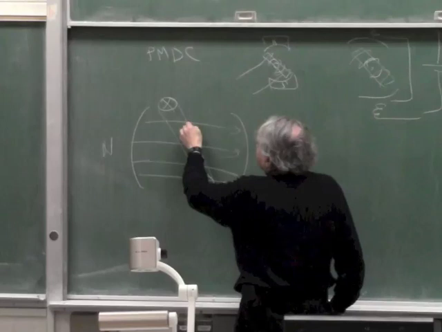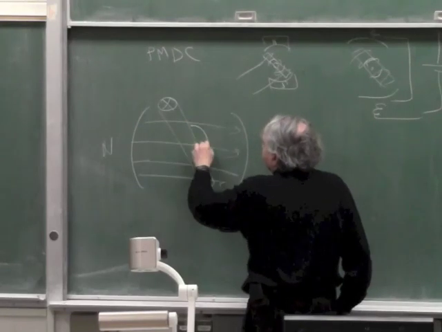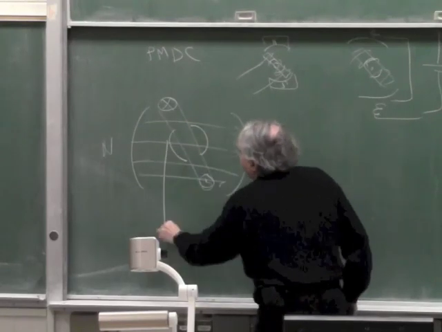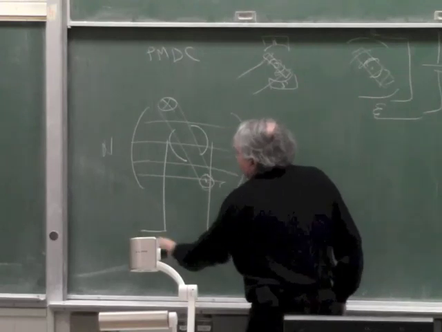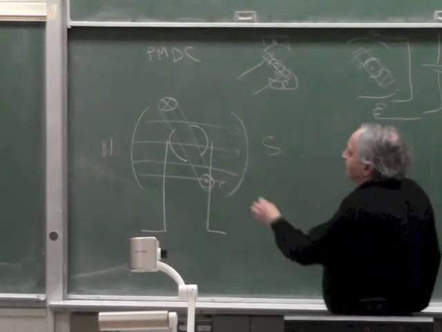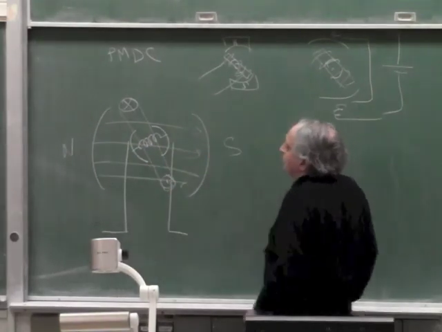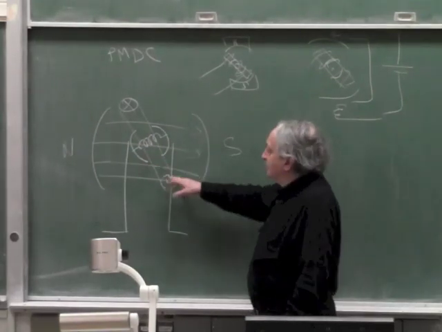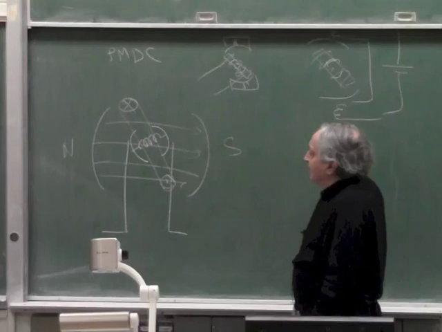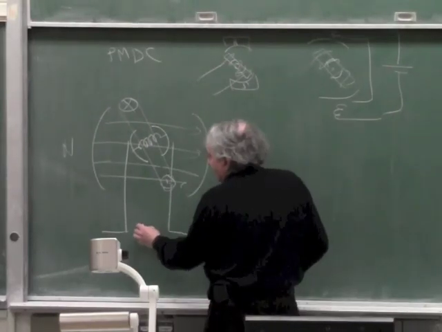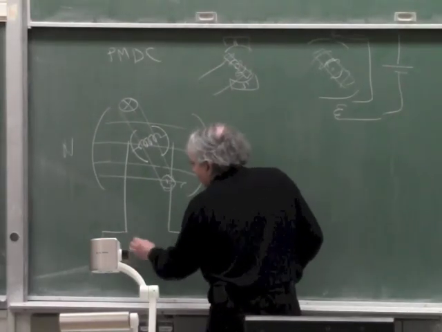The commutator in this way should be drawn like this, and these are the brushes. Okay? So if I draw it this way, there is a coil wound on the armature, actually connecting the brushes, which is this coil. Now, let's say there's a voltage V. I connect this to a voltage V.